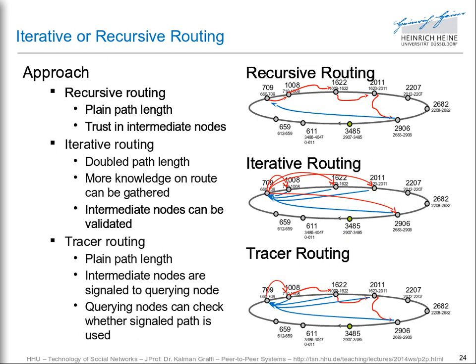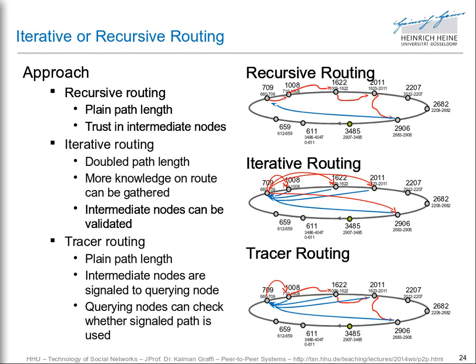We are this node, and we just forward the lookup to our fingers, and the target responds with the object. We have a plain path length, and we have to trust intermediate nodes, as they might just drop the packet or the request, and we have to wait for a timeout and start the lookup again.